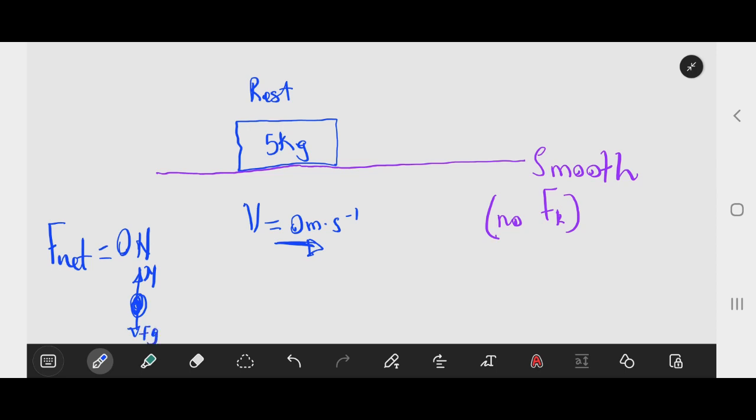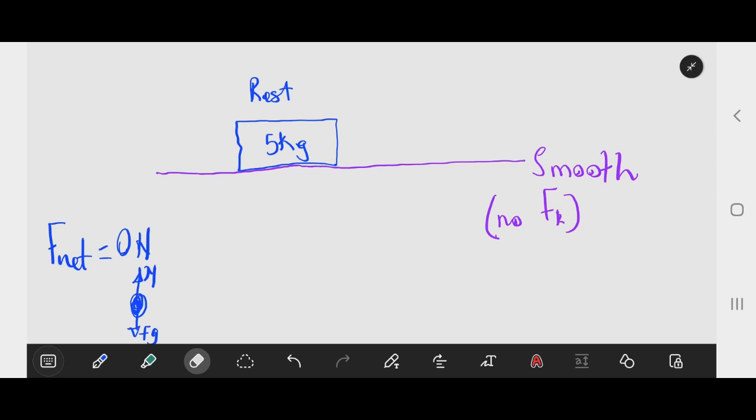In this case, the normal force is equal to the gravitational force. Therefore, the net force is equal to 0 in the y direction. And there is no force acting in the x direction. Therefore, the net force is equal to 0 newtons in the x direction. So the net force acting on this object is equal to 0 in each and every direction.